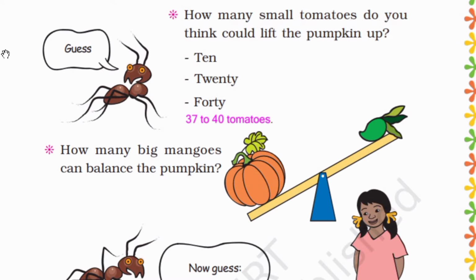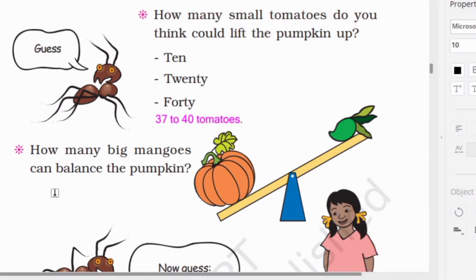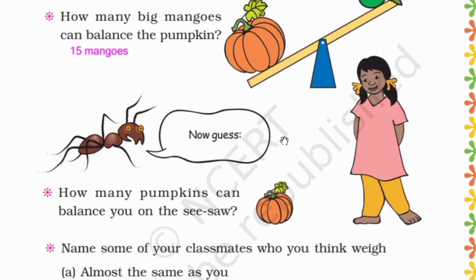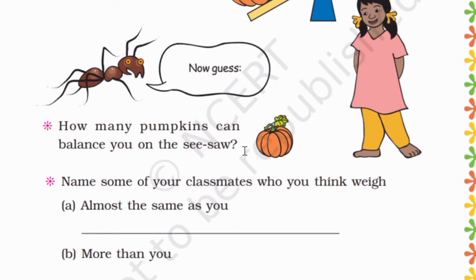Around 15 mangoes. So we can write 15 mangoes. Now guess, how many pumpkins can balance you on the seesaw? Around 7 to 8 pumpkins? Yes, you are right. Around 7 to 8 pumpkins.